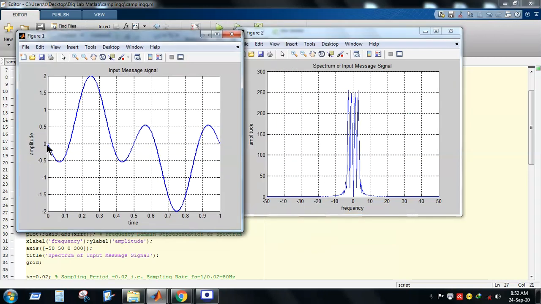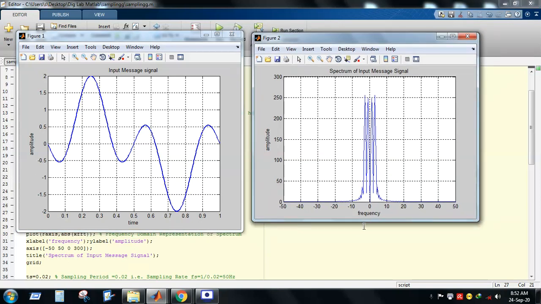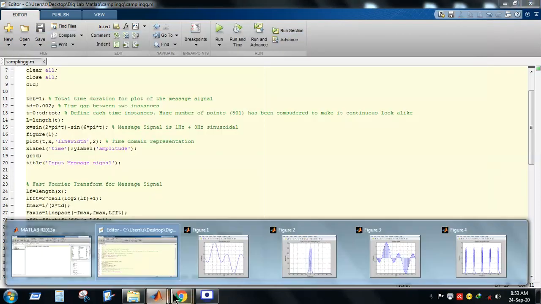That means it is defined within a particular time limit. So this is basically a time limited signal. So obviously, as it is time limited, its spectrum will not be band limited.